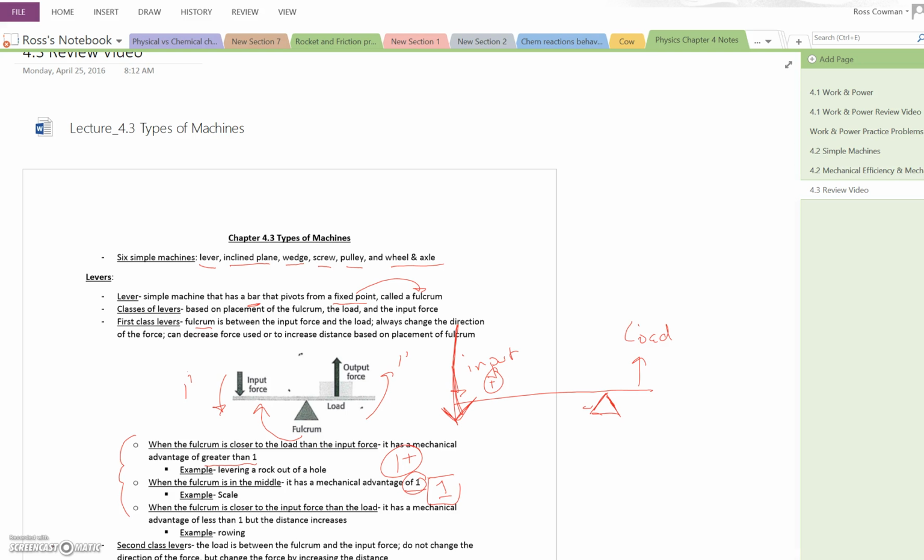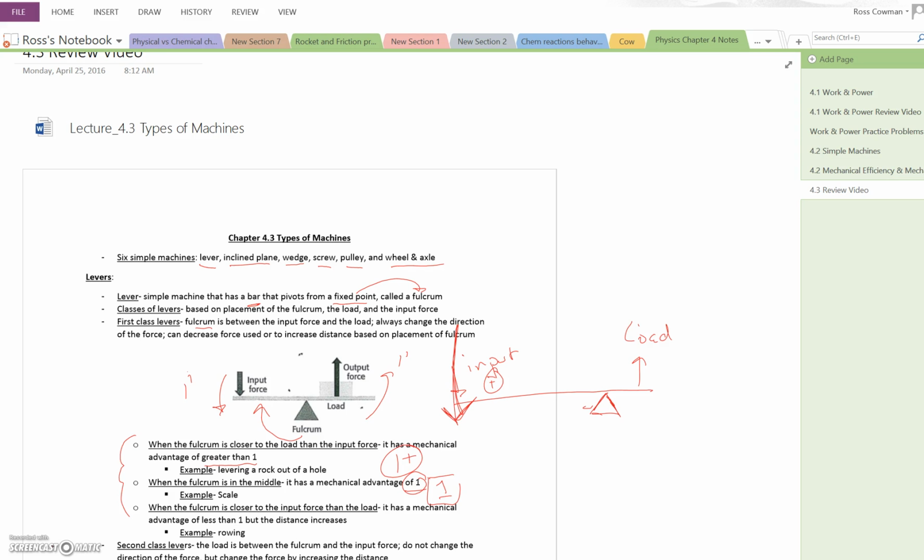So you're actually putting a greater force on the oar than the output force in the water. However, your goal is to move the boat a very great distance and to glide it forward with each pull of that oar. So you want the oar in the water for the farthest distance. You're kind of having to reverse how we think about this here because you want to be moving that oar the greater distance in the water.